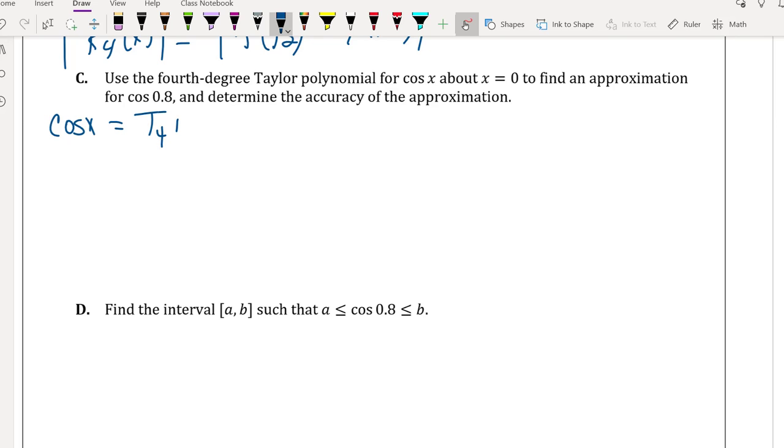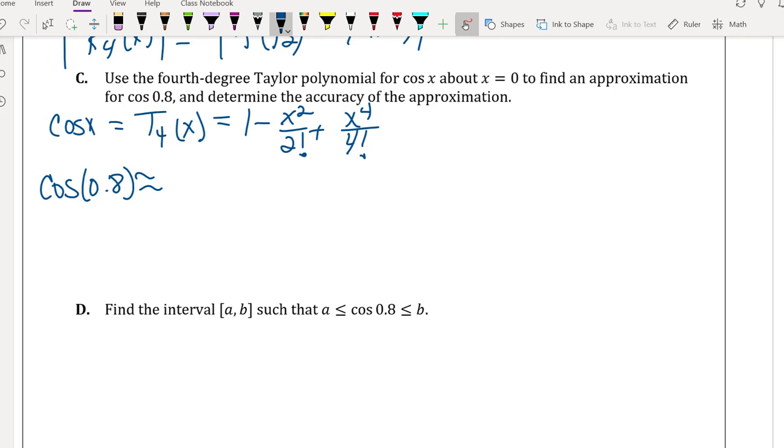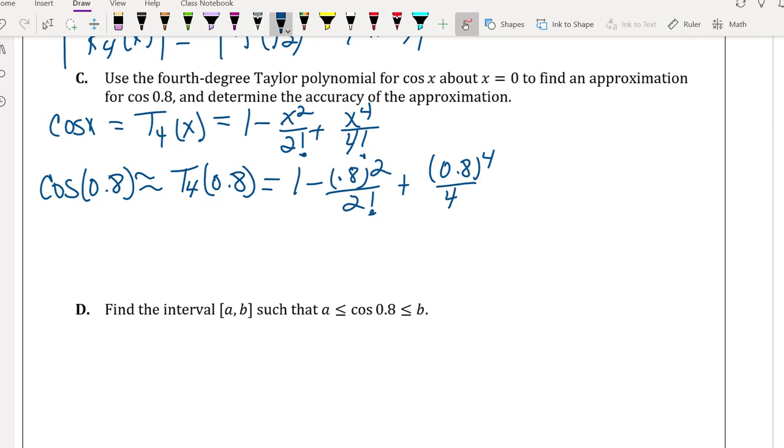T4 of x, which is what we found before, is 1 minus x squared over 2 factorial plus x to the 4th over 4 factorial. And so cosine of 8/10 or 0.8 is approximately equal to our Taylor polynomial at 0.8. So we have 1 minus 0.8 squared over 2 factorial plus 0.8 to the 4th over 4 factorial.